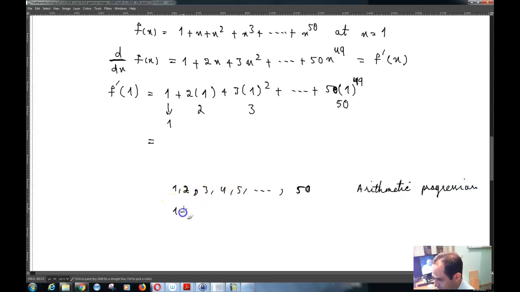If I write it as 1 plus 2 plus 3 plus 4 plus all the way up to 50, then it will be called an arithmetic series. When you have your numbers separated by commas, it's called a progression. And if you have your numbers added together, it becomes an arithmetic series.